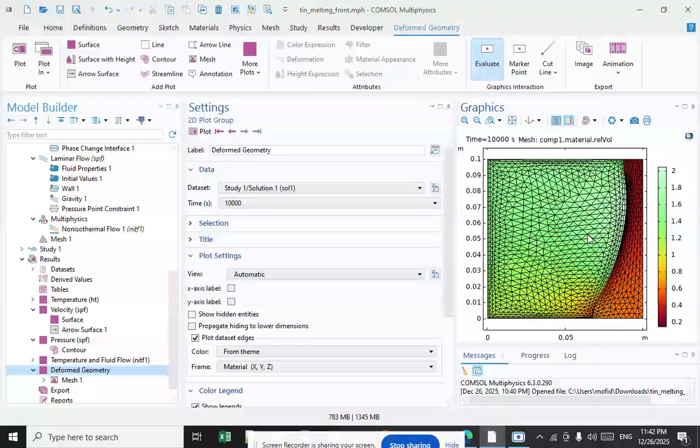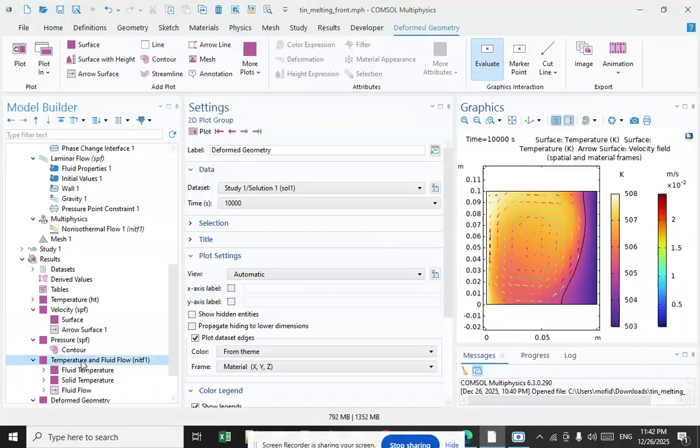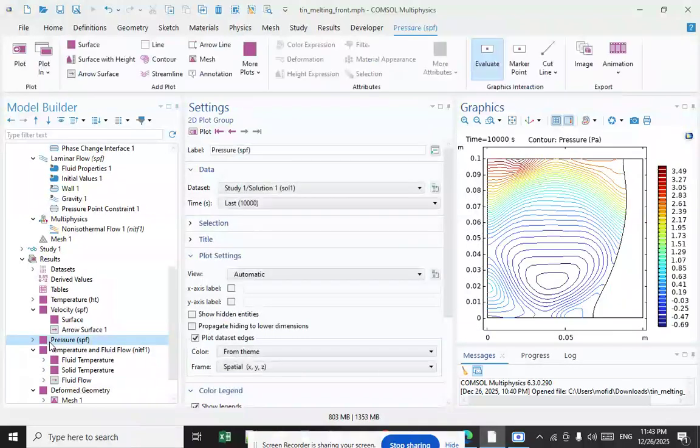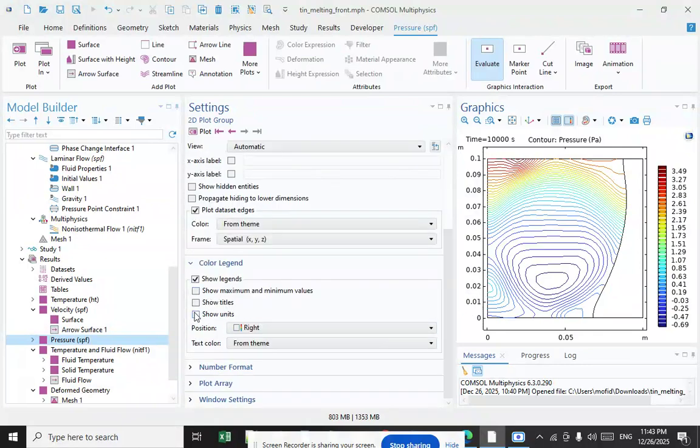The elements that we have chosen here are rectangles, and temperature and fluid. You see how much is different. There's the temperature and the velocity, and also there is a pressure here. If you see, the pressure is in Pascal. At the top we have a high pressure, and at the bottom we have a negative pressure.